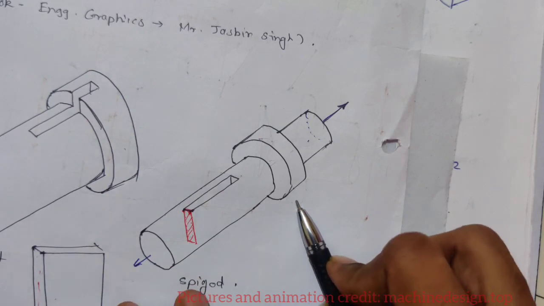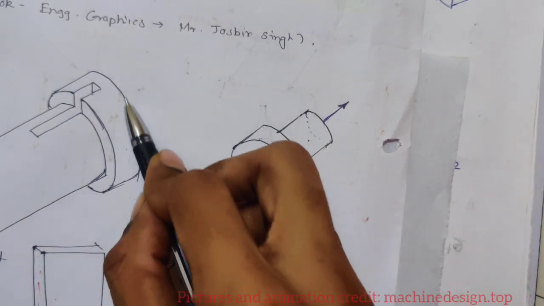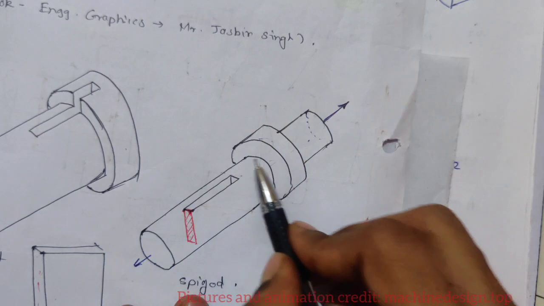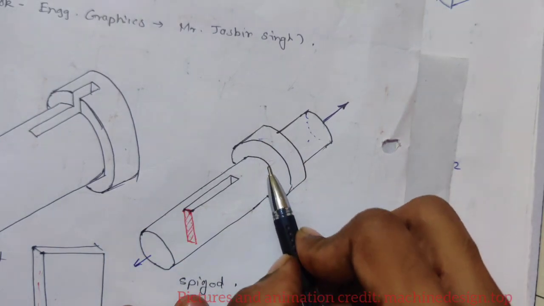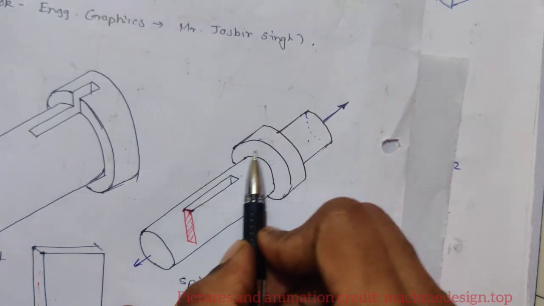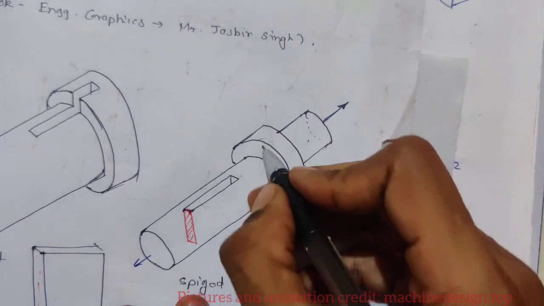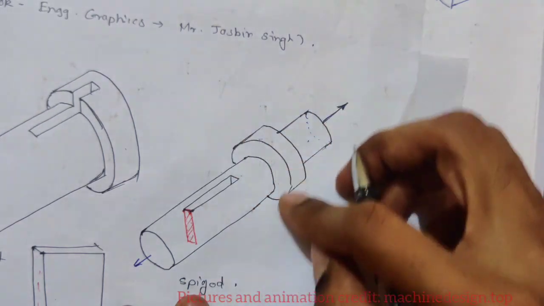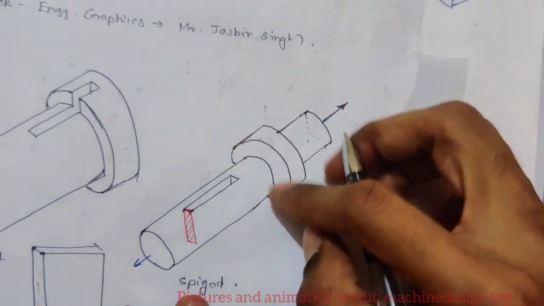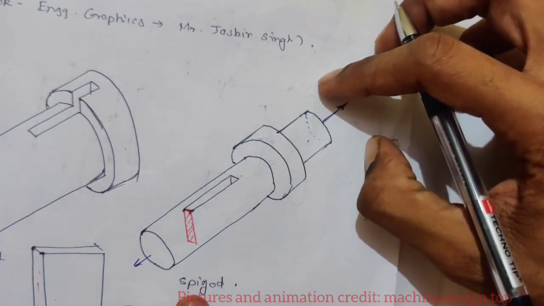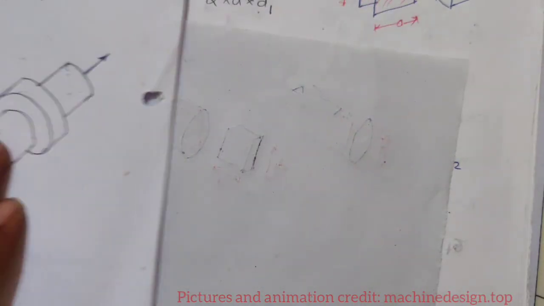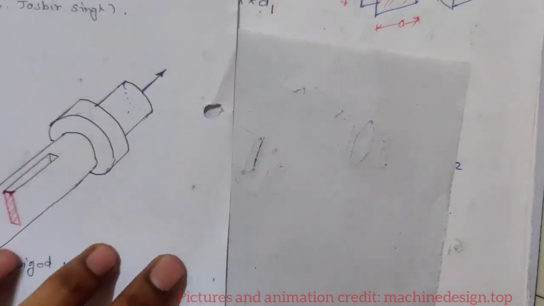Okay, now see this side of socket is going to touch this side. So it's going to apply some force over here. So what will be the effect of this force? This whole ring will come out of the spigot. How will it come out of the spigot? It will come out like this.